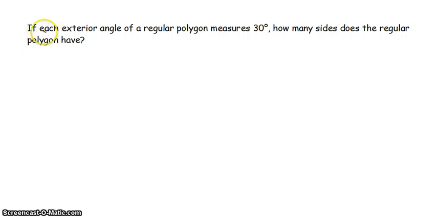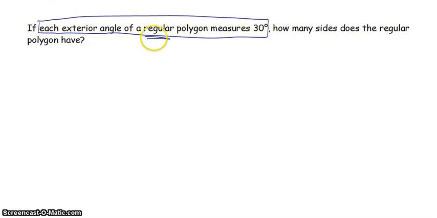First, this problem tells us that each exterior angle of the regular polygon is 30 degrees. It's important to remember that the sum of the exterior angles is always 360 degrees.